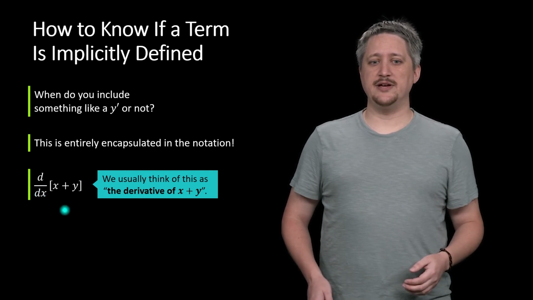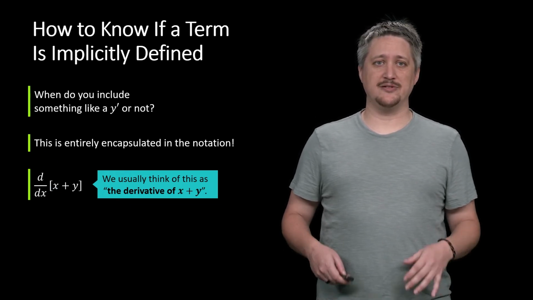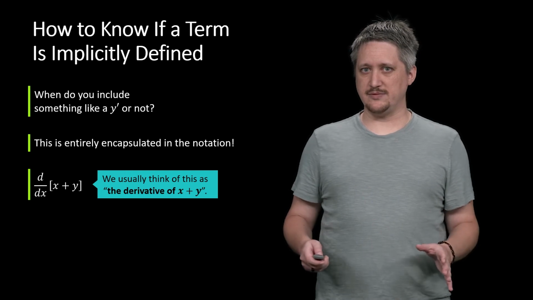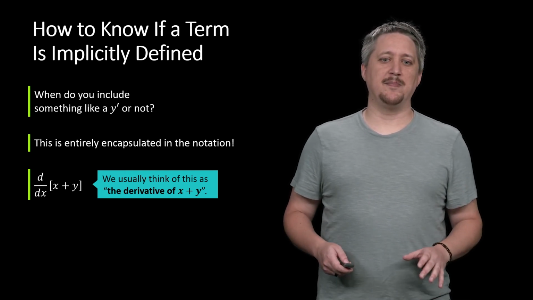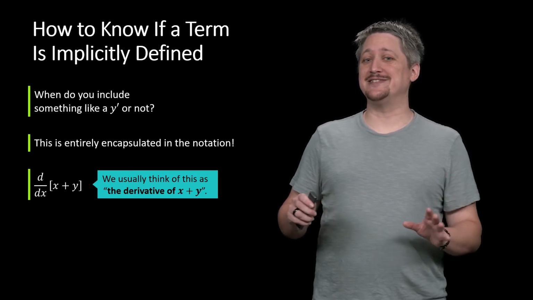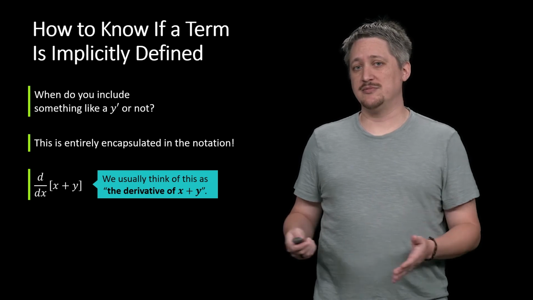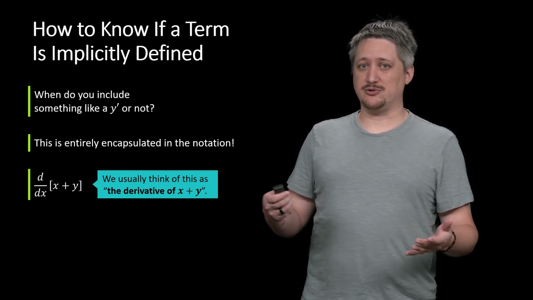So this little bit, this d over dx, is what is mathematically called an operator. This is not a thing that we're going to need to worry about in this class, because what makes an operator or not is a surprisingly advanced term. If you want to know more about it, I would recommend asking your lecturer.